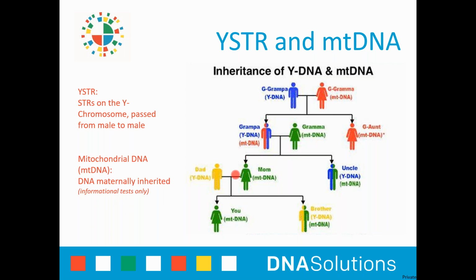But his son had a daughter, so she doesn't get the Y chromosome. So there is a great grandson in this direction, but he does not share Y DNA with this G grandpa. He does with his dad, but his dad's from a different lineage. Whereas this uncle here, he shares Y DNA with his great grandpa because there's an unbroken male lineage from him to him.